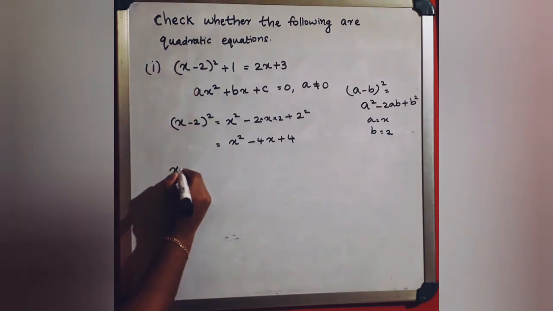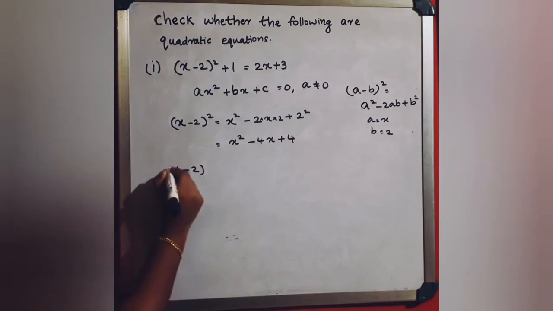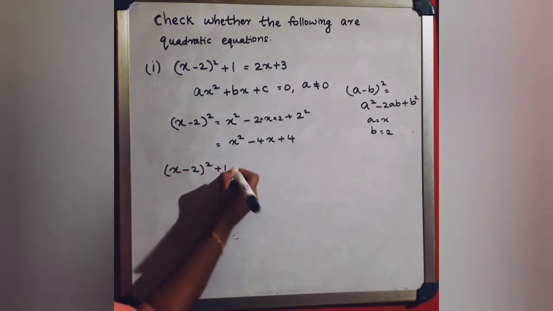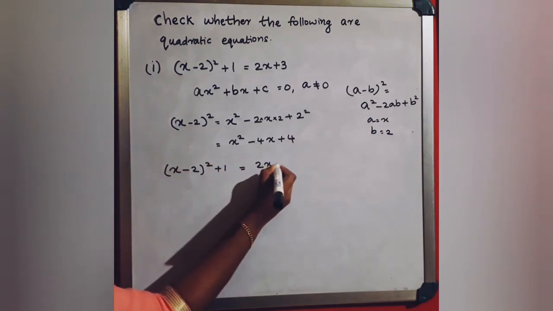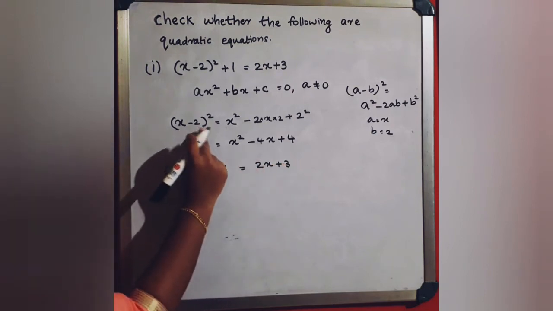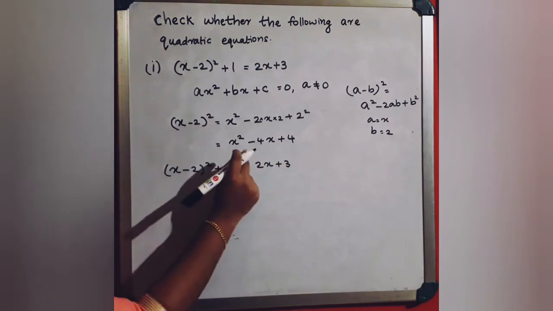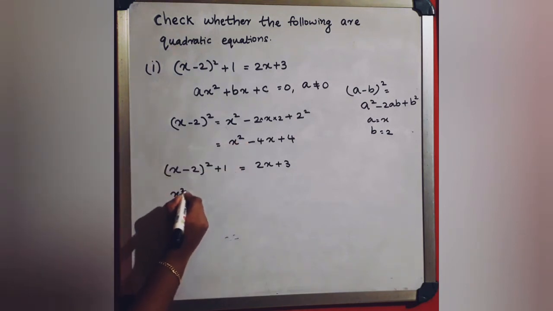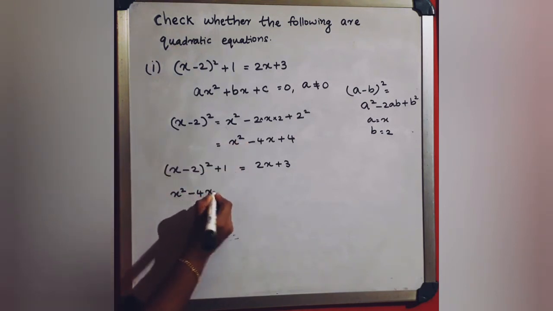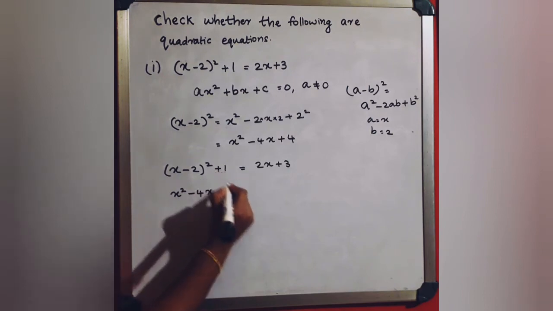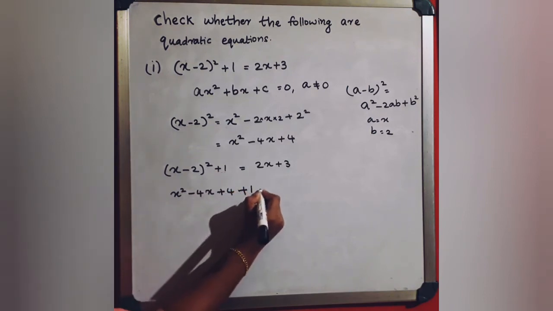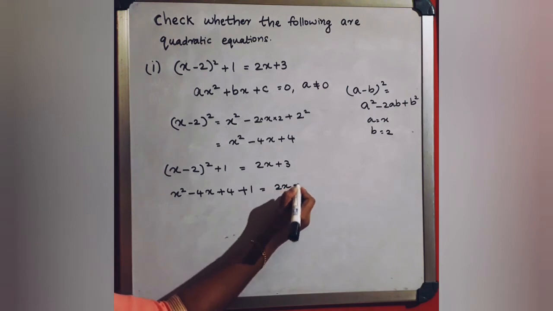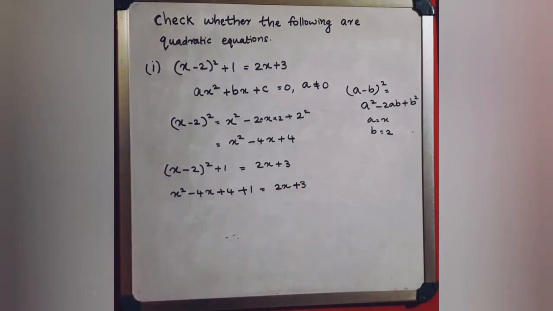The question is x minus 2 whole square plus 1 is equal to 2x plus 3. Just substitute the value of x minus 2 whole square here. So x minus 2 whole square is x square minus 4x plus 4, and here plus 1 is equal to 2x plus 3.